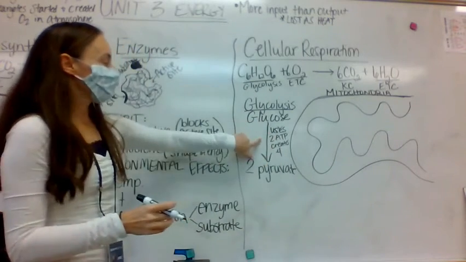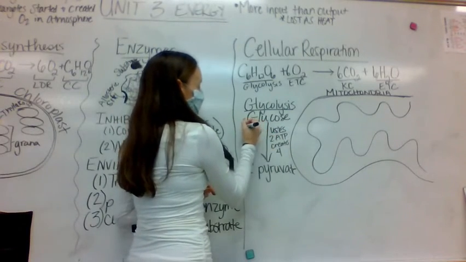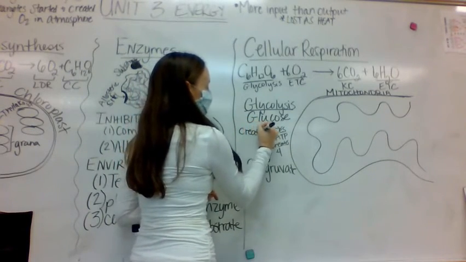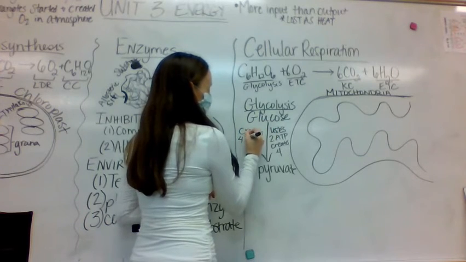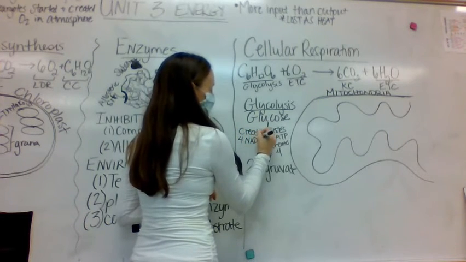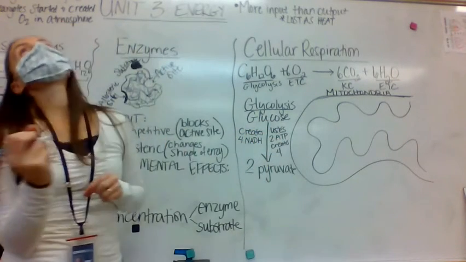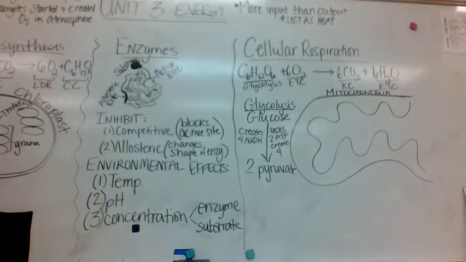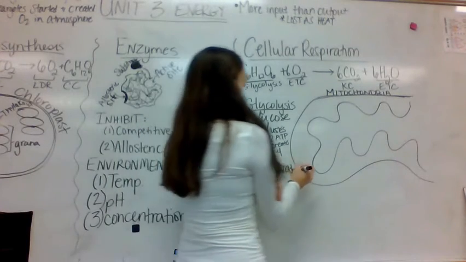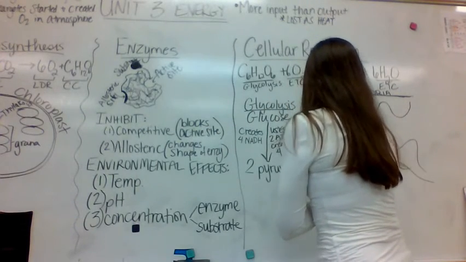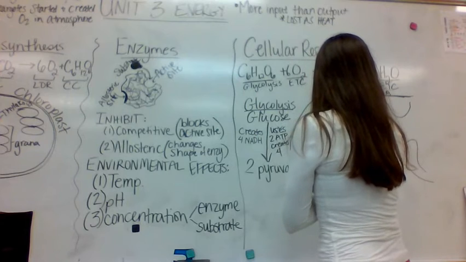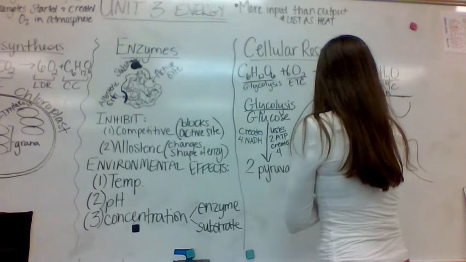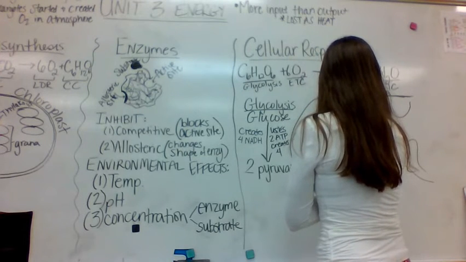Okay, uses 2 ATP, creates 4 ATP, and also creates 4 NADH. Is it 4? I think it's 4. Okay. I think it's 2 per pyruvate. Okay, so that's what happens there. And then the pyruvate goes in here, and pyruvate becomes acetyl-CoA.